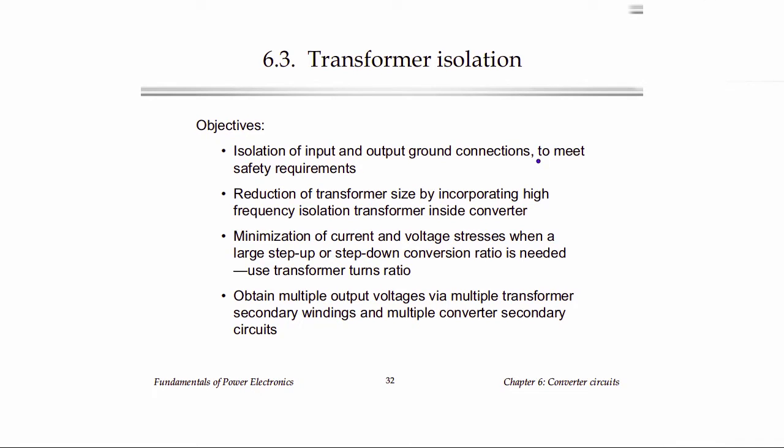Another reason to use a transformer is when we have a large step up or step down of voltage. Suppose we had 100 volts and we wanted to make 1 volt. We could build a buck converter and operate it at a duty cycle of 1%, but such a small duty cycle may mean that the conduction time of the transistor is equal to the switching times of the transistors, and we find then that the efficiency is very low.